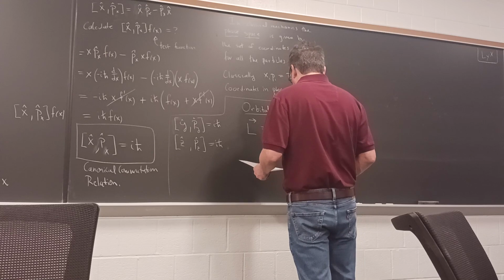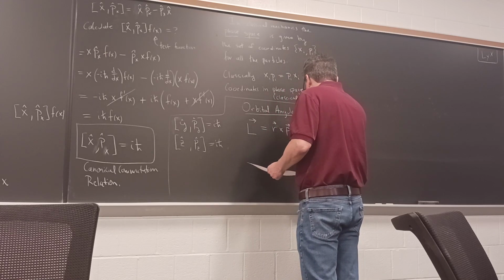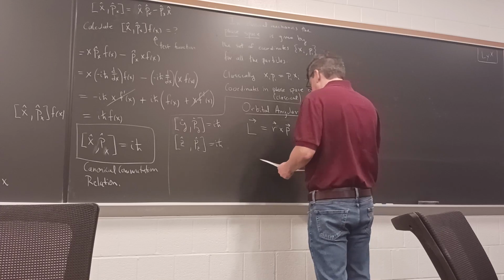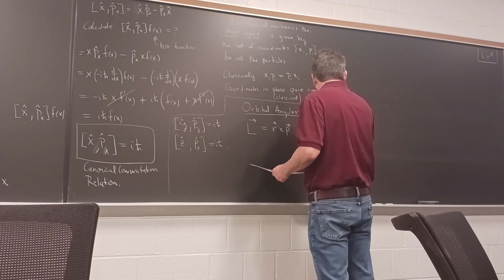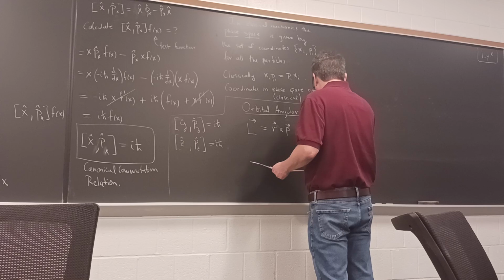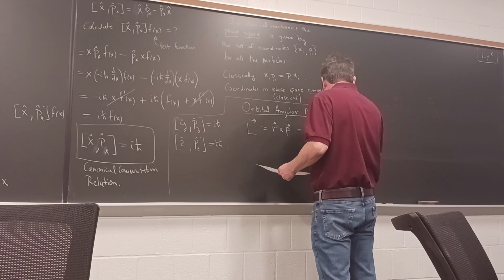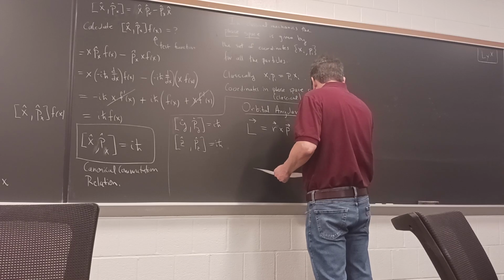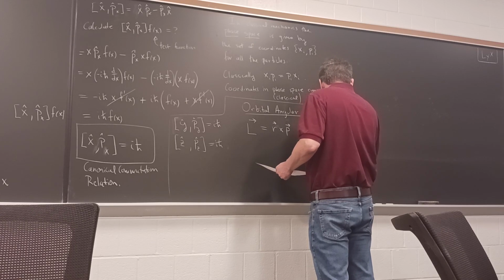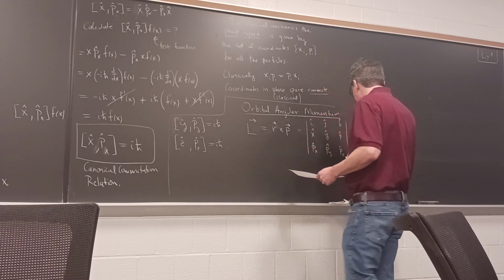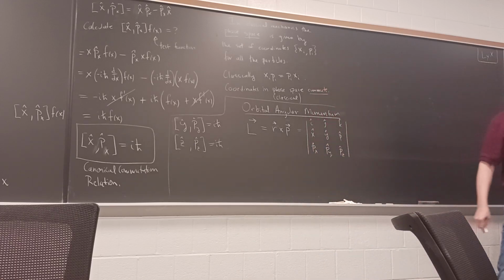This is r cross p, so this would be x hat, y hat, z hat, and then p would be p_x, p_y, and p_z. Does this look familiar, this construction of using the determinant to write this out? Mm-hmm.